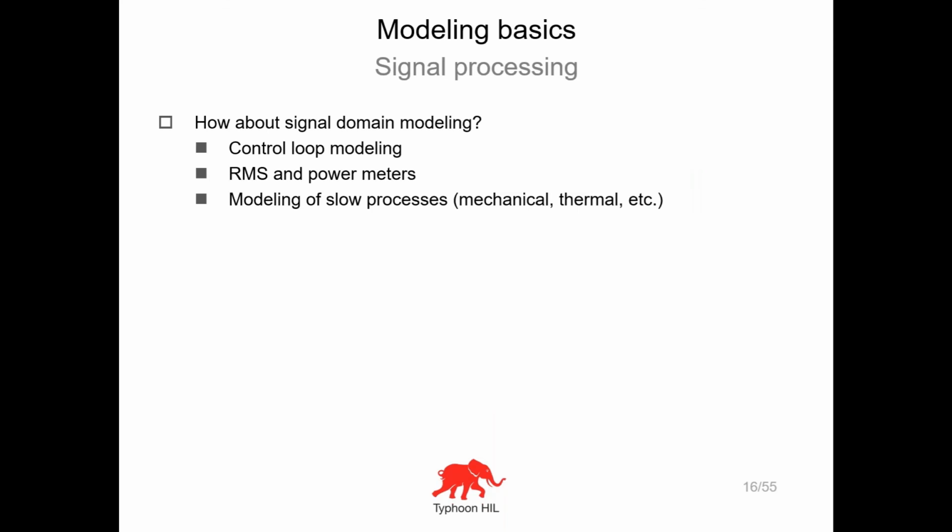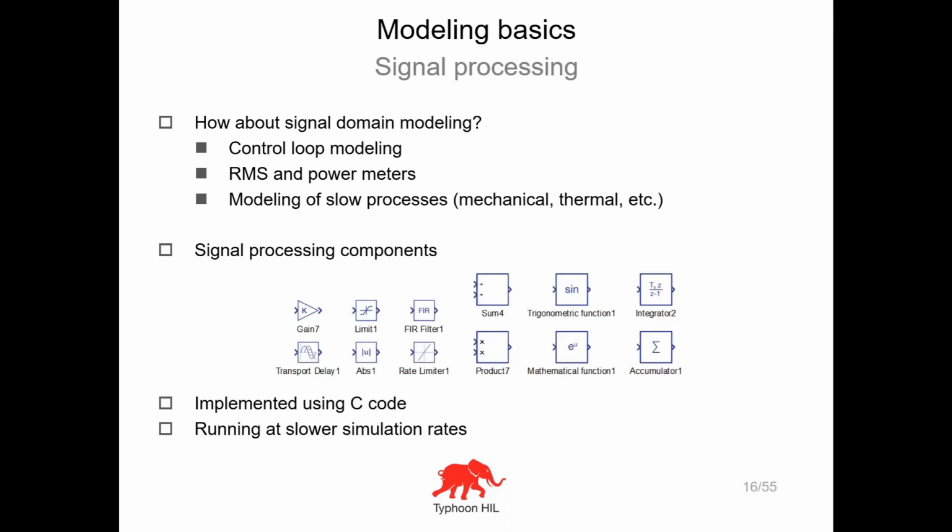Up to now, we've only talked about electrical domain modeling, but how about modeling of control loops or some slower physical processes? For this, we use the so-called signal processing components, like for example, gain, sum, integrators, accumulators, and so on.